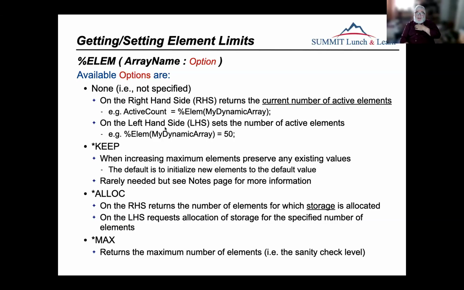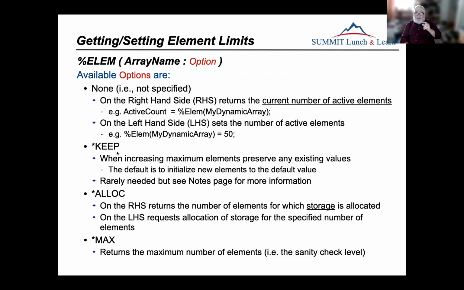Now, if you put it on the left-hand side, however, it sets the number of dynamic elements to the figure given. So if I want to say, okay, make the array 50 long, then this is how you do it. Now, asterisk keep, I'm going to largely ignore.